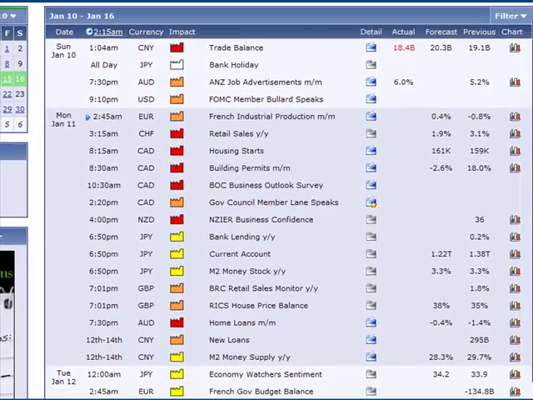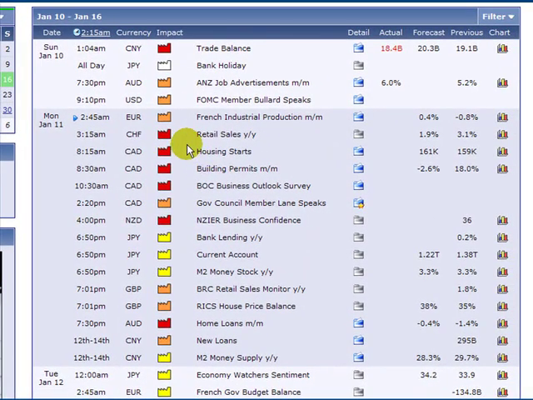I'm bringing here the calendar, and look what's going on here. Can you notice something around this area? There is absolutely no British pound announcement except for the 7 p.m. Eastern Standard Time. Got it?